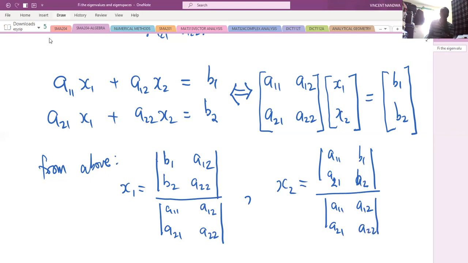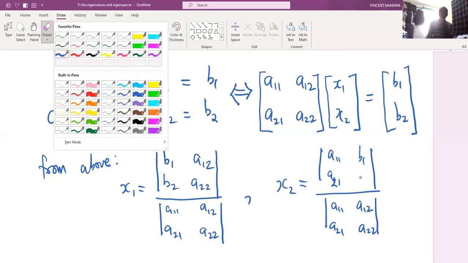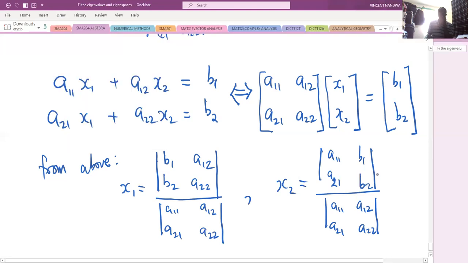You see that there's a pattern here on how the solutions of the variables behave with these determinants. You see the original, this is our original coefficients matrix, this is a variable matrix, and then this is a constants matrix. Remember this line corresponds to x1, this corresponds to x2.